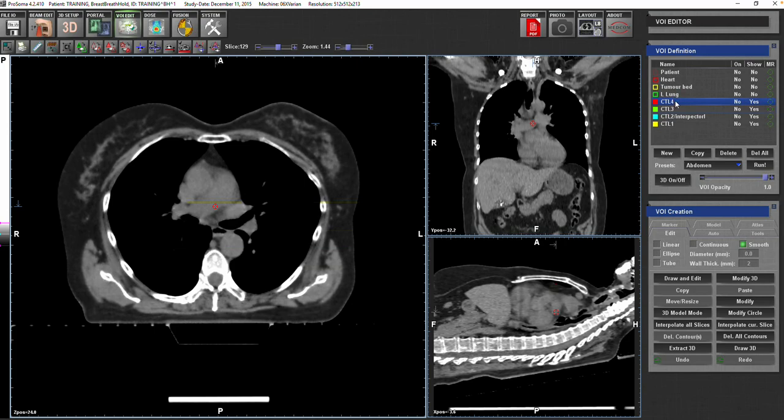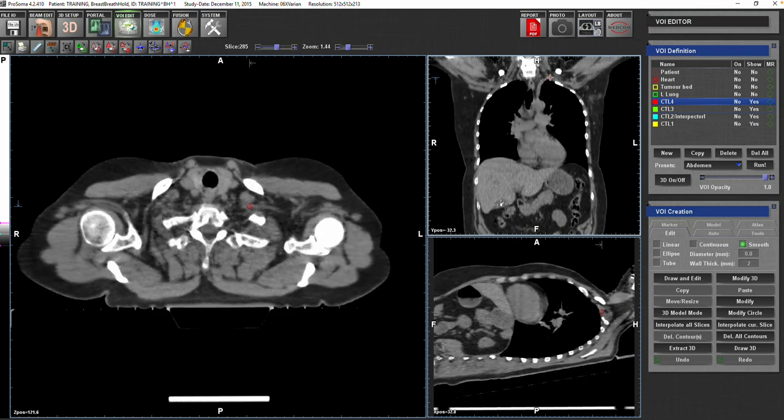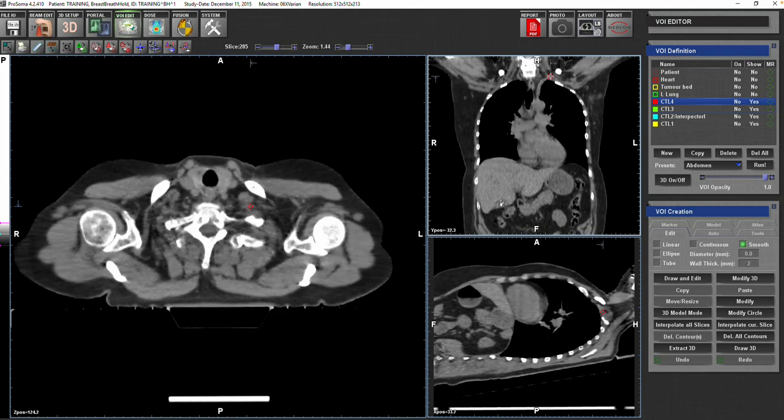So if we talked about the CTL4, if you go to your table now and look at it, where it starts, it will tell you that it will start just above the arch of the subclavian artery. And they want to cover the subclavian artery, and they will tell you something about taking one cut or two above, so that it will compensate for what we call the partial volume effect.